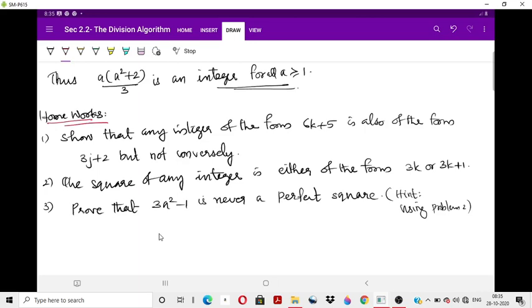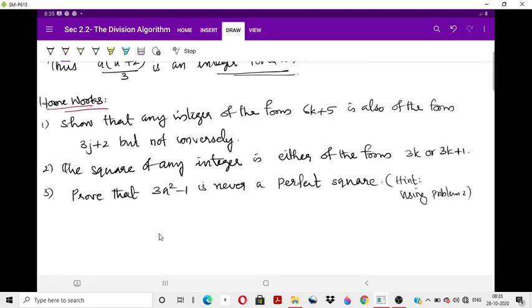How to choose the integer, or which number b is to be fixed, you have to first analyze, and then things will be easier.